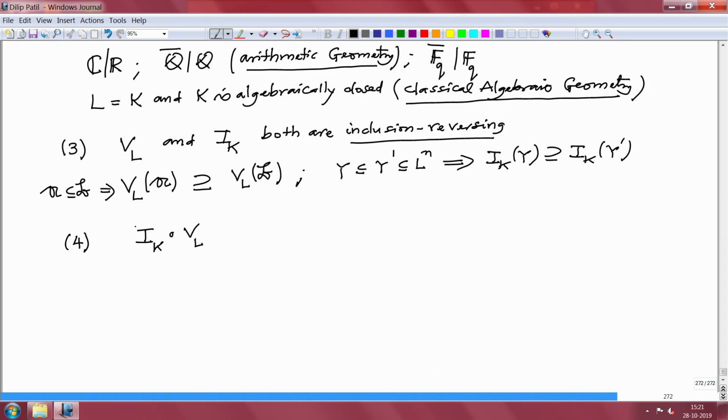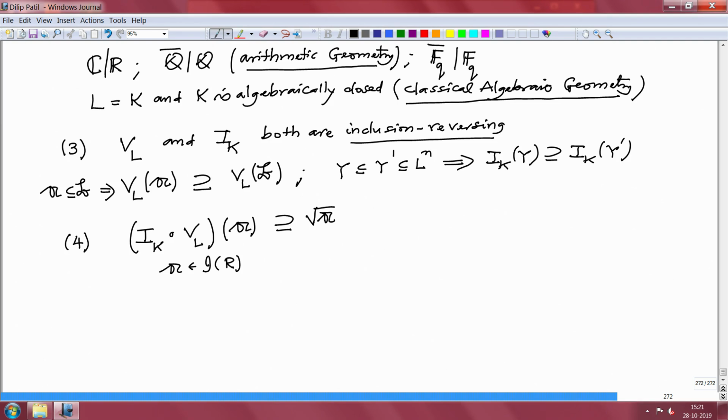So if I take this on any A, any ideal in R, then that will contain the radical of A. Remember that V_L is not just defined for a radical ideal, it is defined for all ideals, but it depends only on the radical ideal.